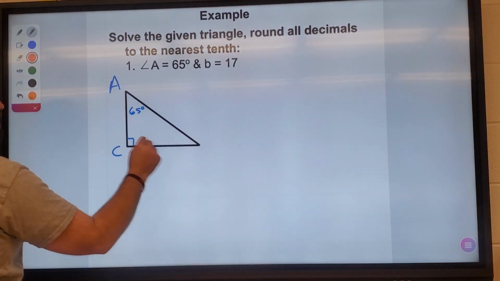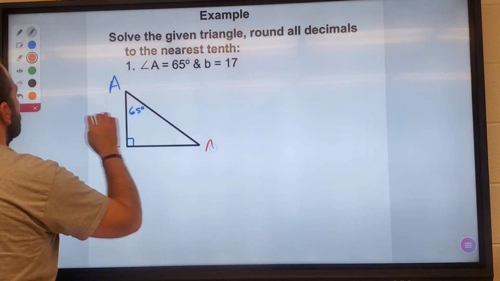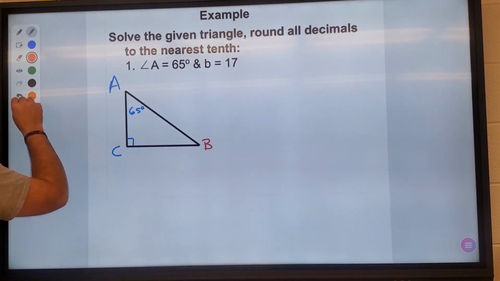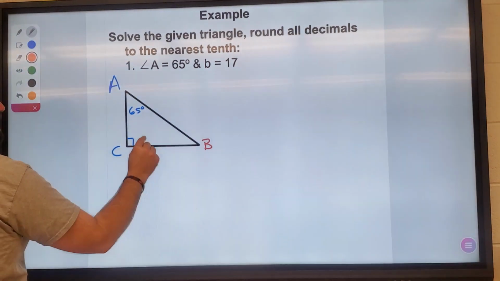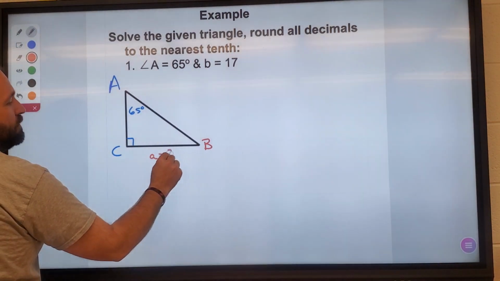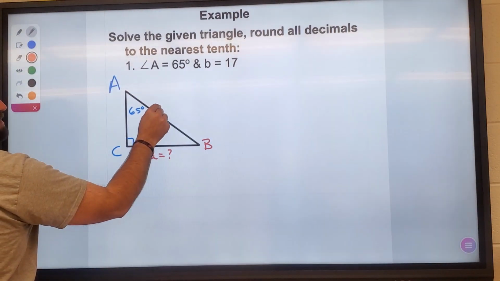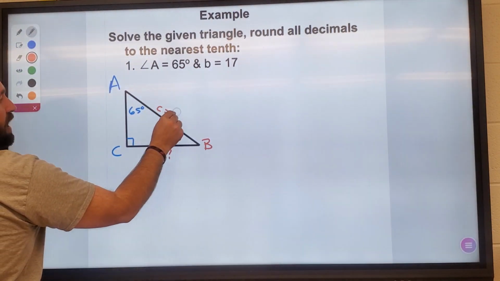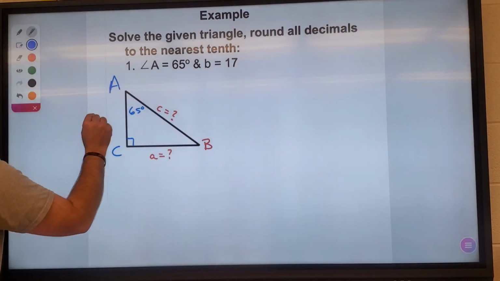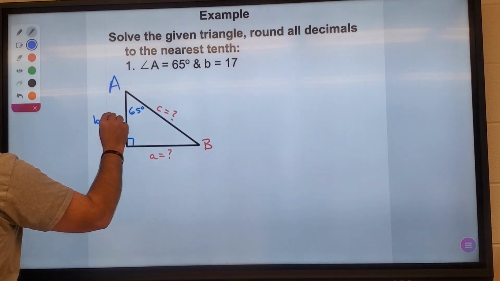We don't know angle B, as I'm trying to write an A. We do not know side A, which is opposite of angle A. And we don't know side C, which is opposite of angle C. Side B is over here.